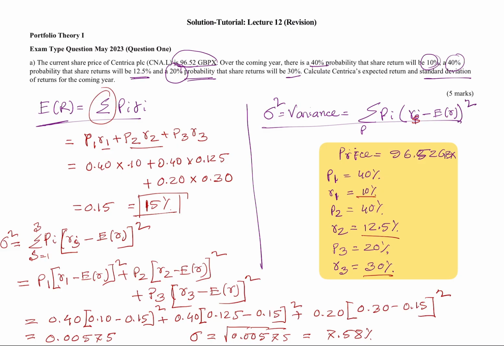Let's put this in percentage later on. So 0.0758 becomes 7.58%. So that answers the question of expected return and standard deviation.